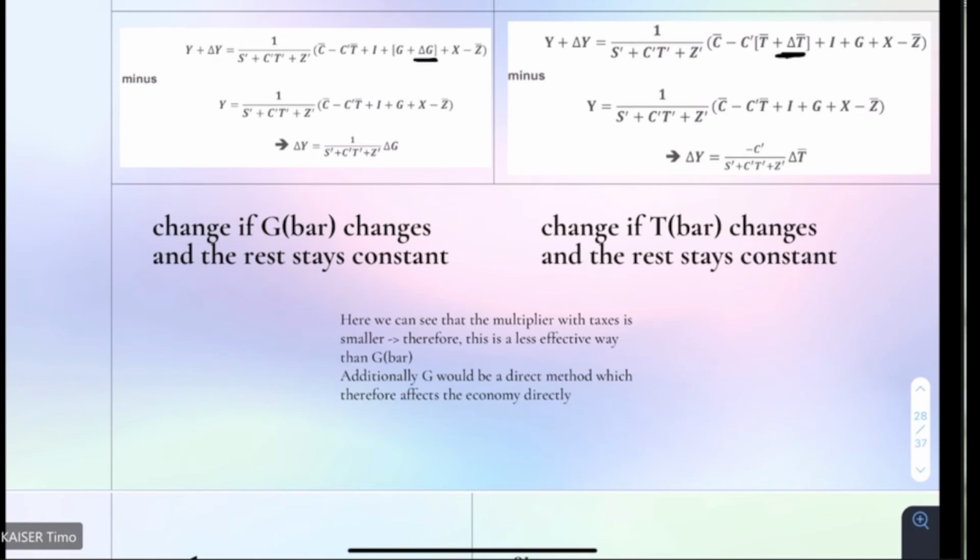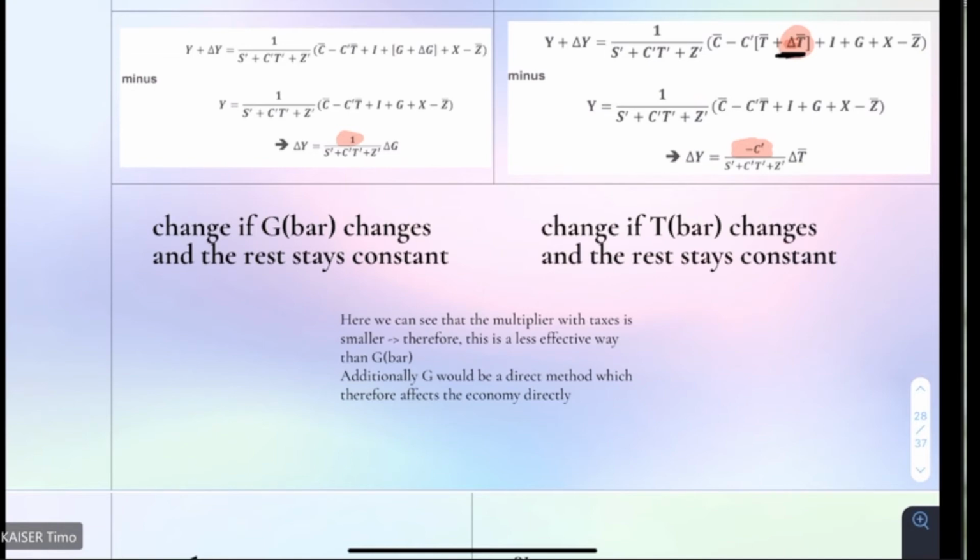What you are left with will be the multiplier times the change. And actually what you will realize is that it will always be the front part that is multiplied with where the change happens. And this will be the multiplier. Except you need to think about one thing when you look at the multiplier for taxes. With taxes, the upper half is different from the normal one. There will be minus Z. That's different, and the main difference actually.